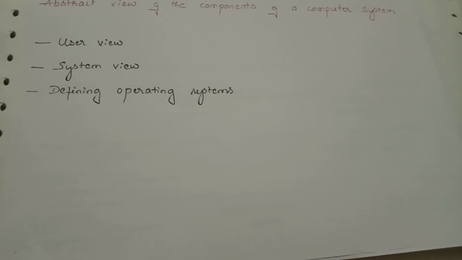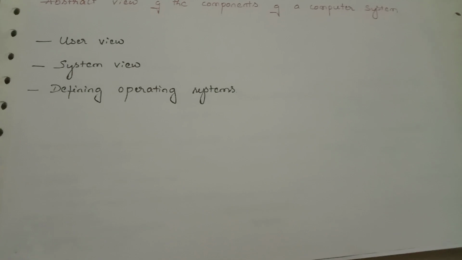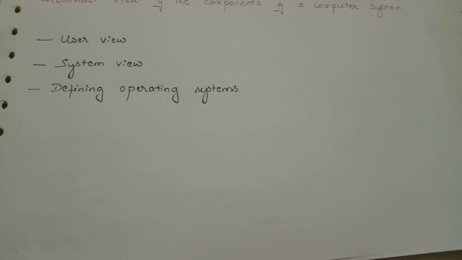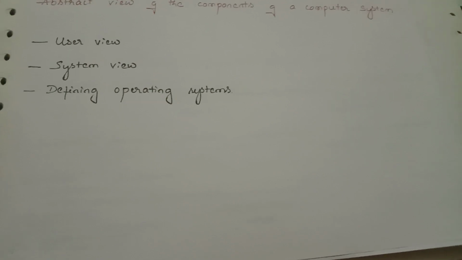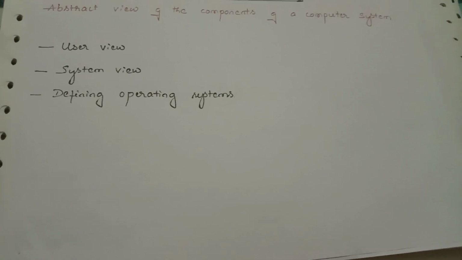A more common definition, and the one that we usually follow, is that the operating system is the one program running at all times on a computer, usually called the kernel.